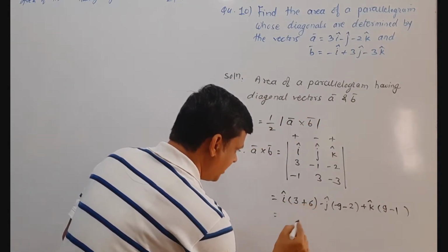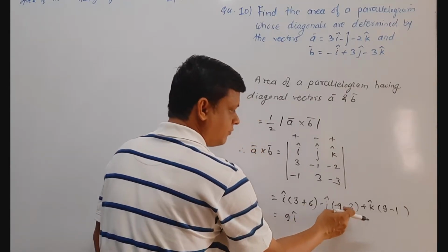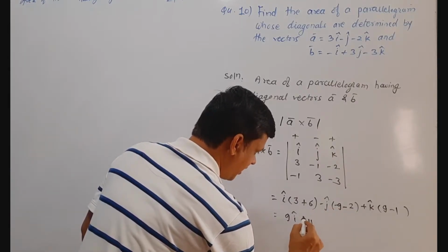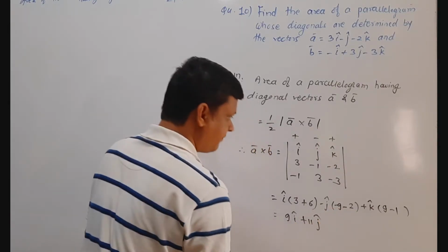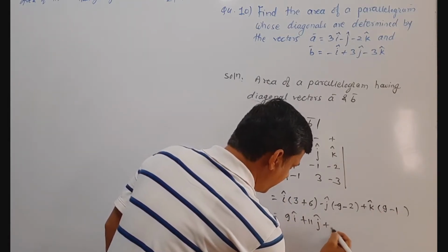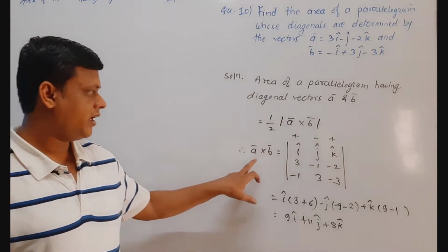So 3 plus 6 is 9, and minus 2 minus 9 is minus 11, minus minus plus so we write 11j, then 9 minus 1 we get 8, so we write 8k. This is the value of A bar cross B bar.